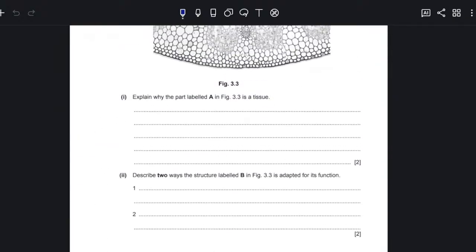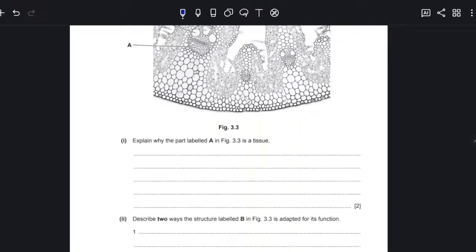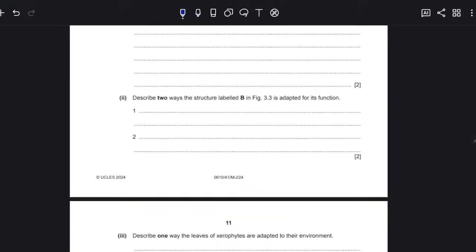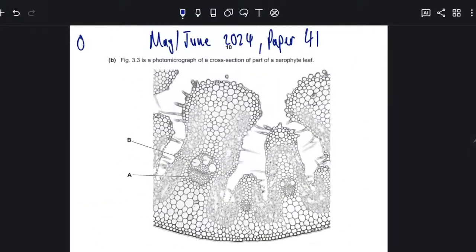Write this now. This is the next question. Can you write May, June 2024? Paper 41. Which question is this one now?